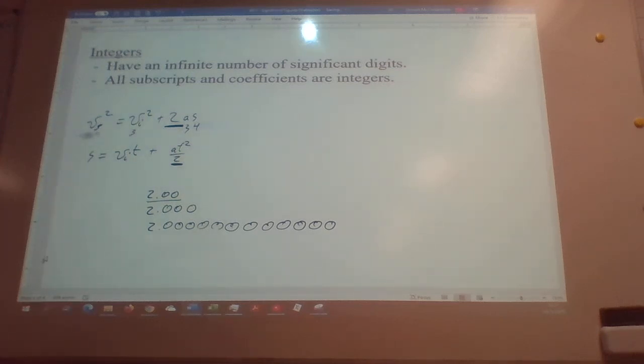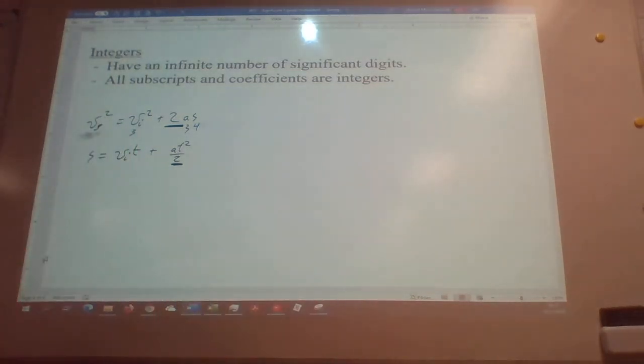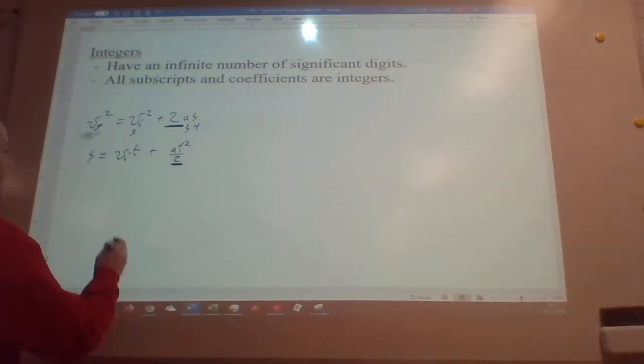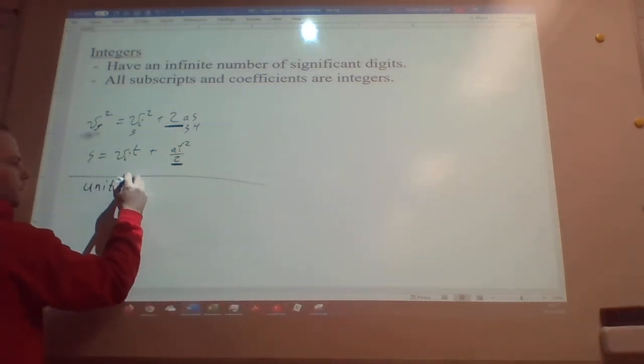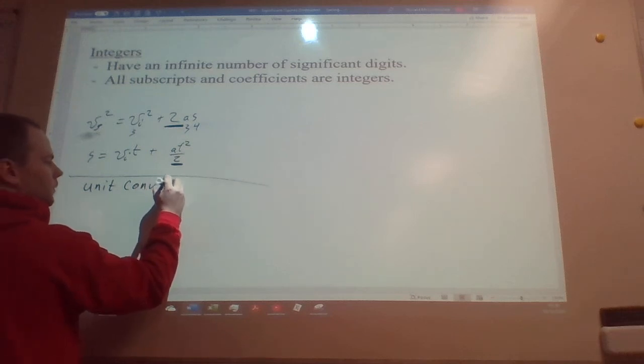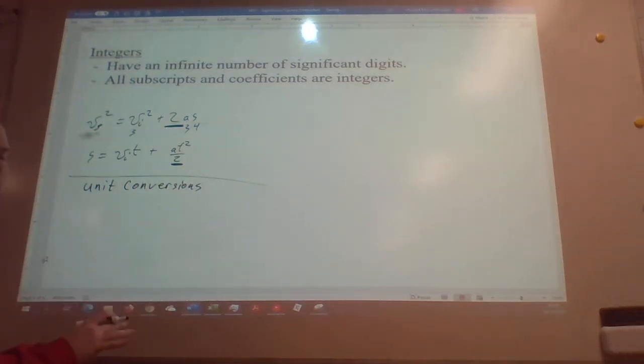The other thing I want to really mention, and this is something I did not mention in class, which is why I'm adding this in here, is unit conversions. In a conversion factor, all sig figs are significant.